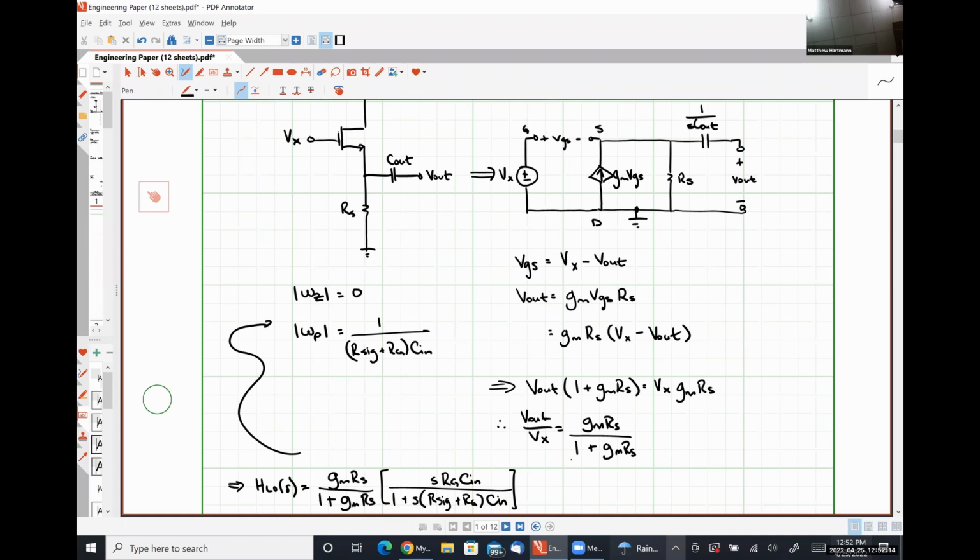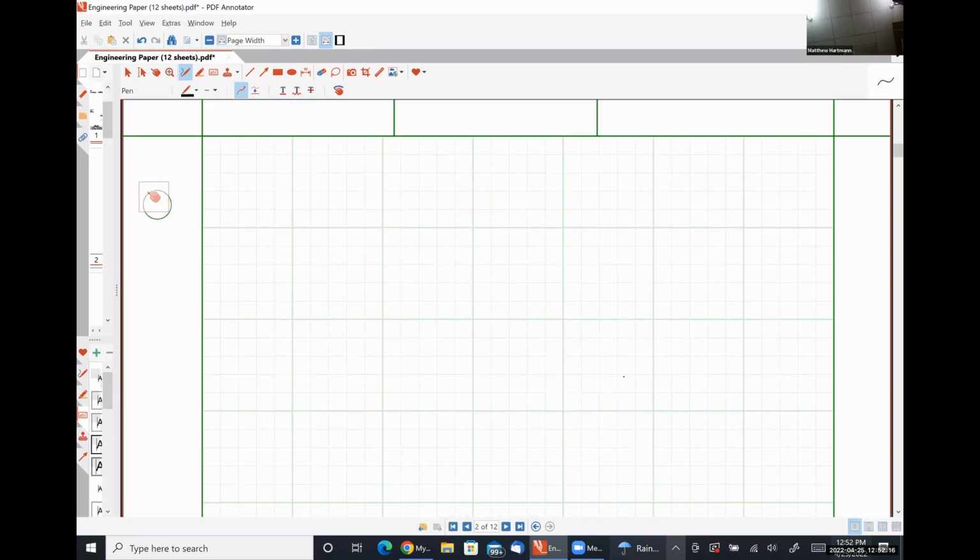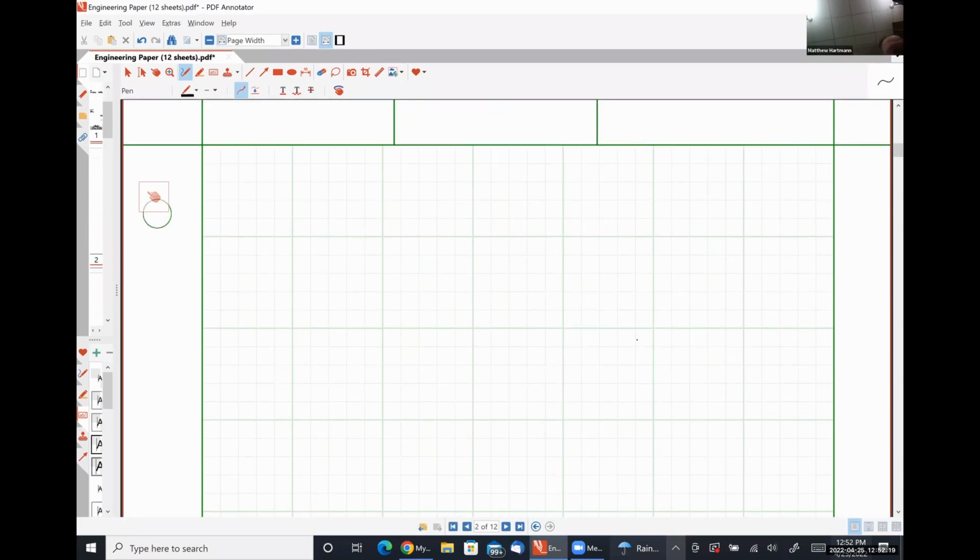All right. High frequency analysis. So our circuit of interest here will be the circuit that we just had, where all of our low frequency capacitors are treated as short circuits. So that's why Cin has gone away.